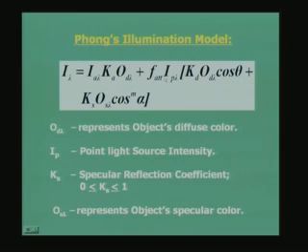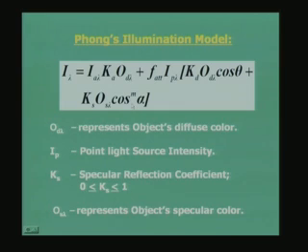Then we have the attenuation term f_att based on distance and depth. I_p lambda is the point light source intensity, and within that there are two terms. K_d O_d lambda cosine theta, which we have seen earlier, is the diffuse component of illumination. K_d is the reflection coefficient of the diffuse term, O_d lambda is the object's diffuse color, and cosine theta is the angle between the surface normal n and the light source direction vector S.